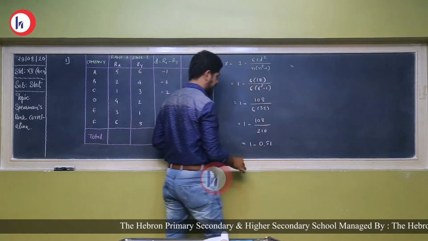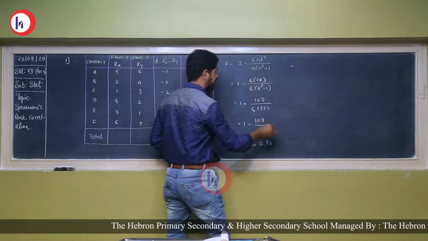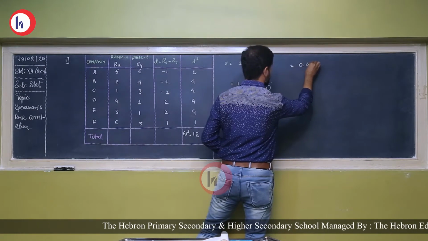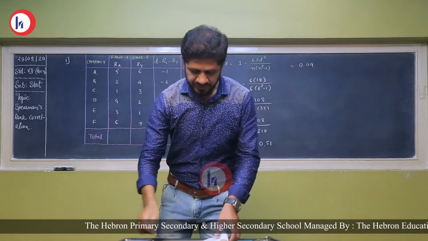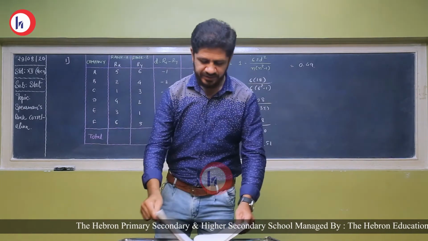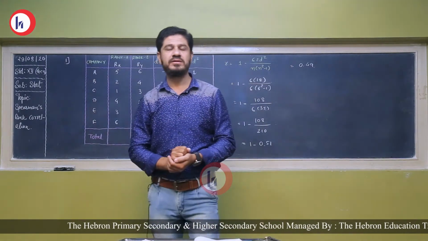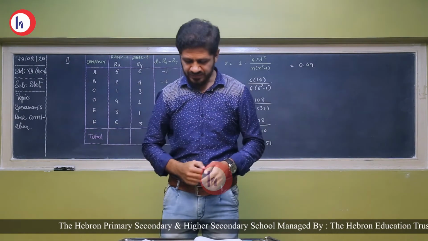The final answer, 1 minus 0.51, is 0.49. So it is the rank correlation by the method of Spearman, or the method of rank correlation.